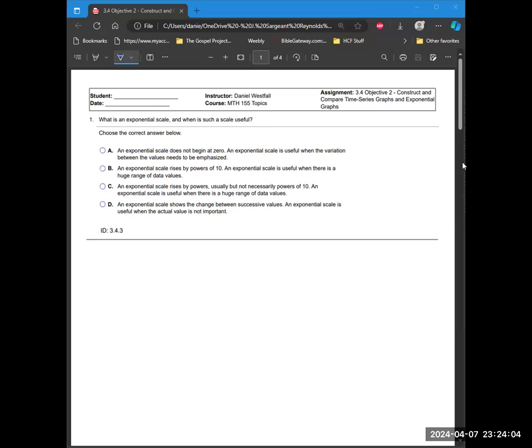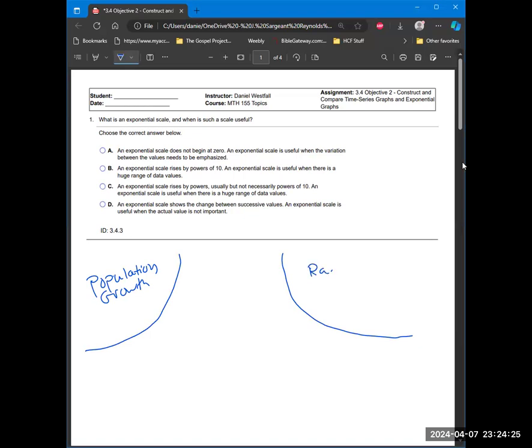We can have exponential growth that looks like this, or exponential decay that looks like this. So lots of times we use this type of graph with population growth. For instance, we might use something like this for radioactive decay, something along those lines.